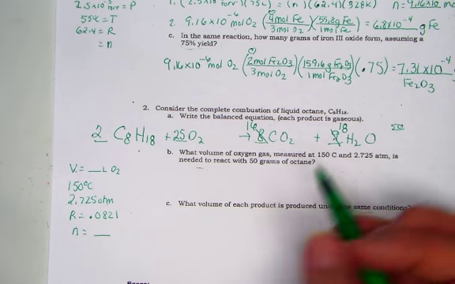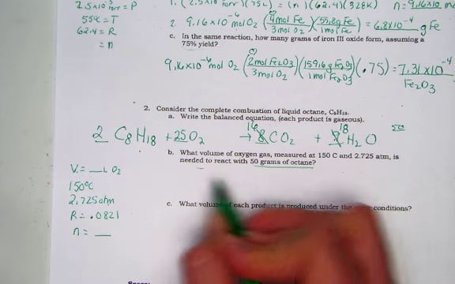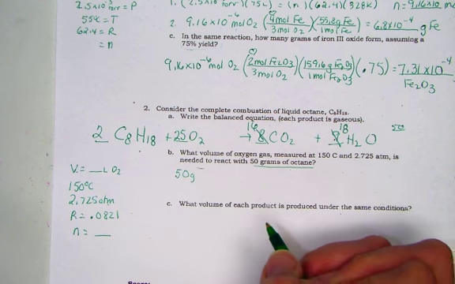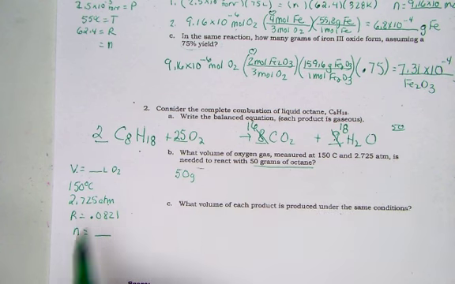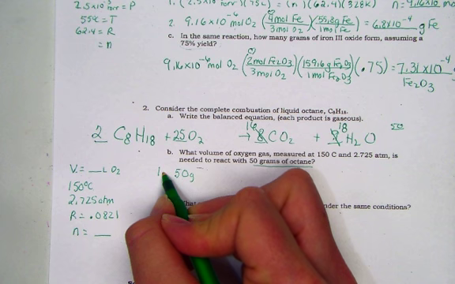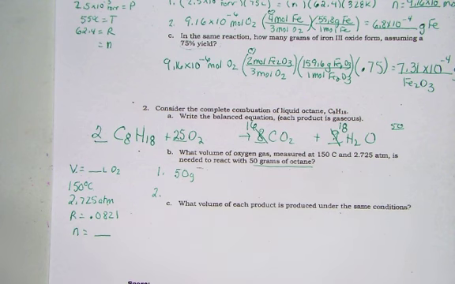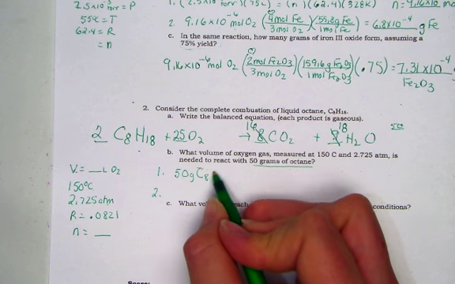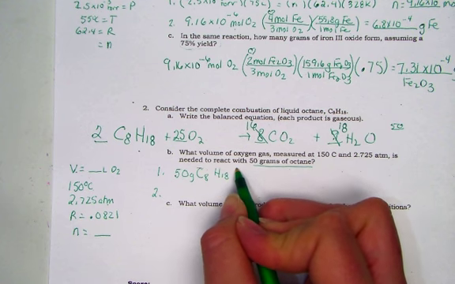Start with the stoichiometry. Start with the 50 grams of octane and find the number of moles of oxygen. If we can make the n, the oxygen moles, our target, we could then PV=nRT. So stoichiometry first, followed by the PV=nRT problem. So the reactant provided was 50 grams of C8H18.